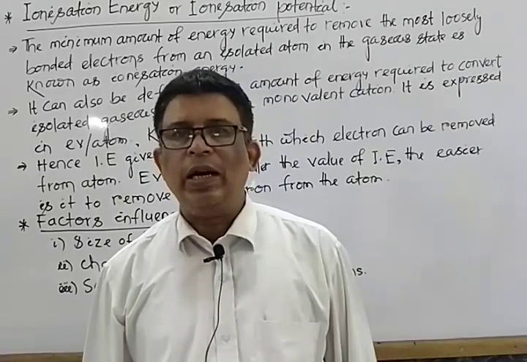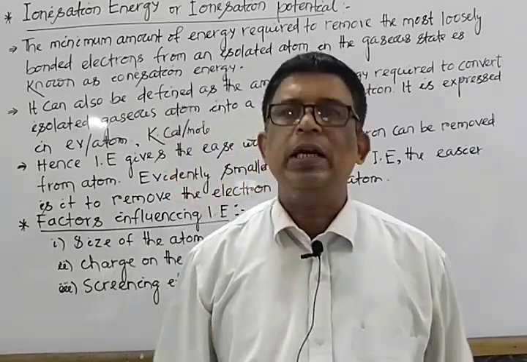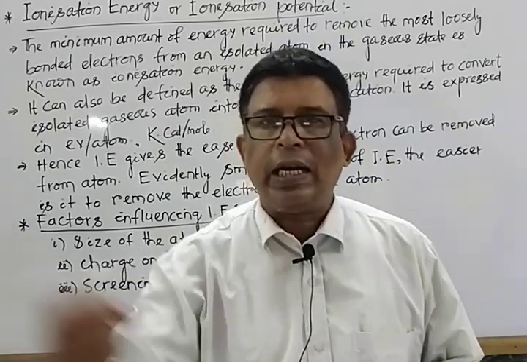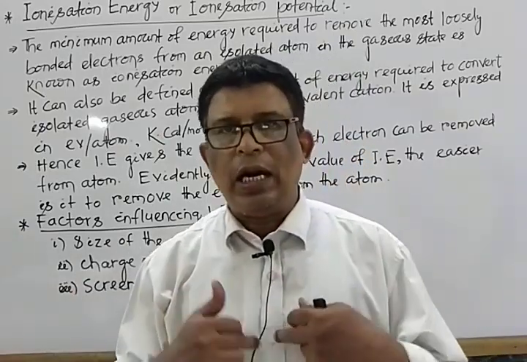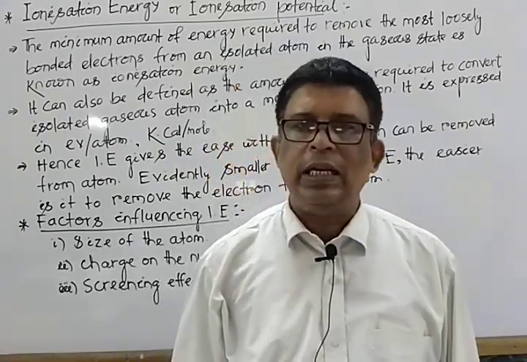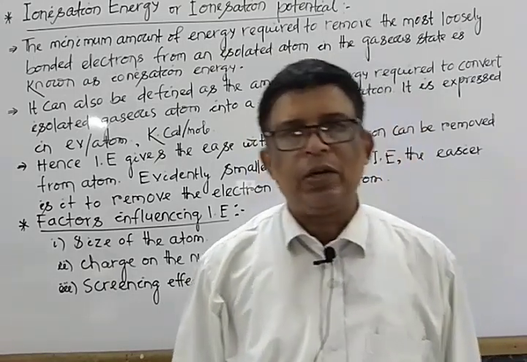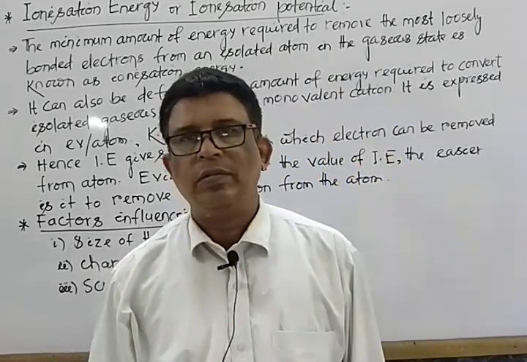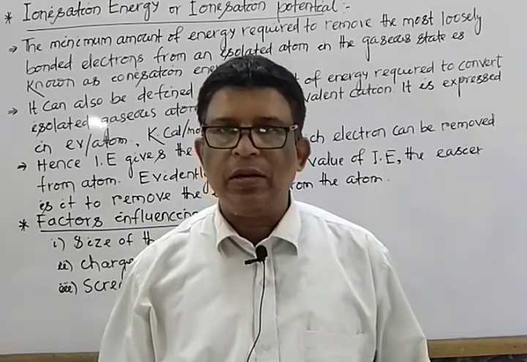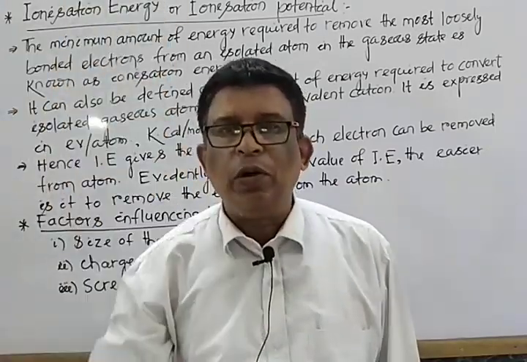In other words, there is another definition also: the tendency of an atom to attract a valence electron is known as the electron affinity. Next we discuss variation. Same thing is there from top to bottom.